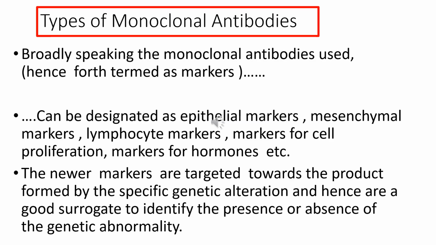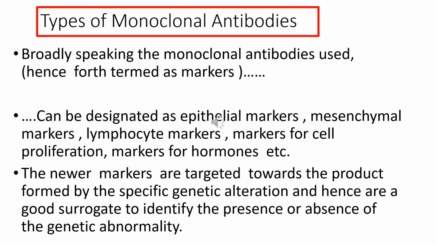So there are markers which are known as epithelial markers, mesenchymal markers, lymphocyte markers, markers for cell proliferation. Ki67, you must have heard this, or MIB1 is a marker for cell proliferation. Markers for hormones, the ER-PR receptors, which are utilized in cases of breast cancer, actually look for hormones.